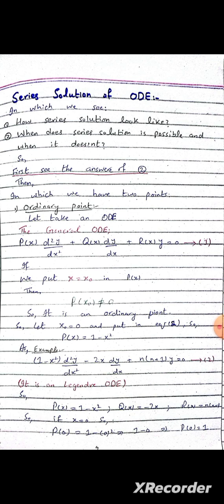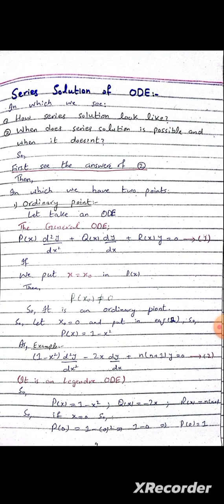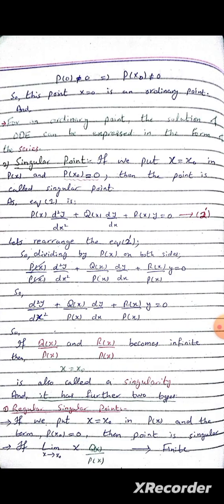At x is equal to 0, p of 0 is equal to 1, or p of x naught is not equal to 0. So this point x is equal to 0 is an ordinary point. And for an ordinary point, the solution of the ODE can be expressed in the form of a series.